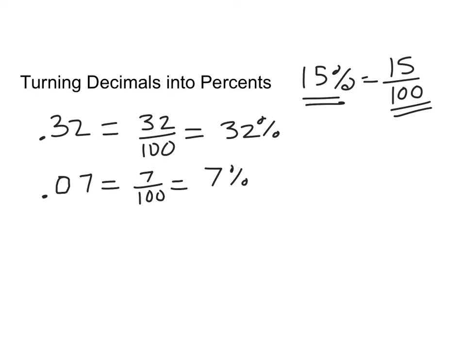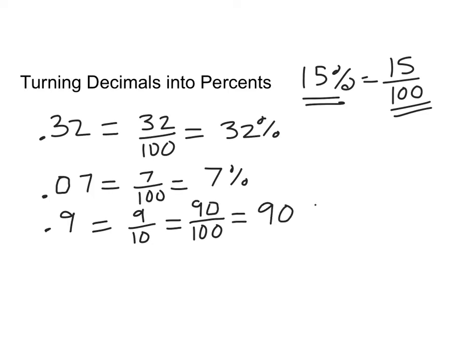Okay, but what if it's not in hundredths? What if we have something that's in tenths? What about 9 tenths? That's not a percent, but we could make it one. We could make it out of 100. And 9 tenths is equivalent to 90 hundredths. So that would be 90%. All right, let's try something that's bigger than hundredths, or smaller than hundredths, I guess.